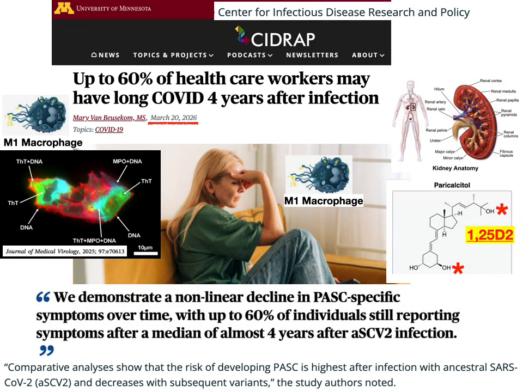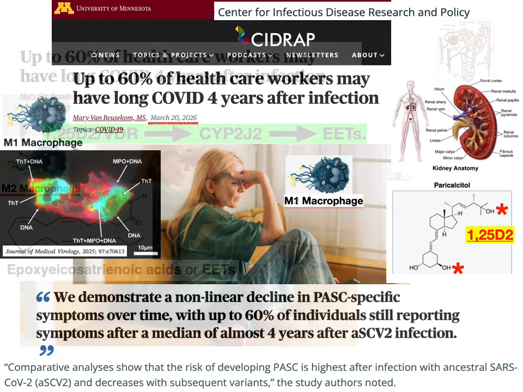So how can these inflammatory states be resolved? Again, this comes back to upregulating anti-inflammatory pathways, including the biosynthesis of EETs. And one way to do that is with vitamin D receptor agonists such as paricalcitol, 1,25 vitamin D2.